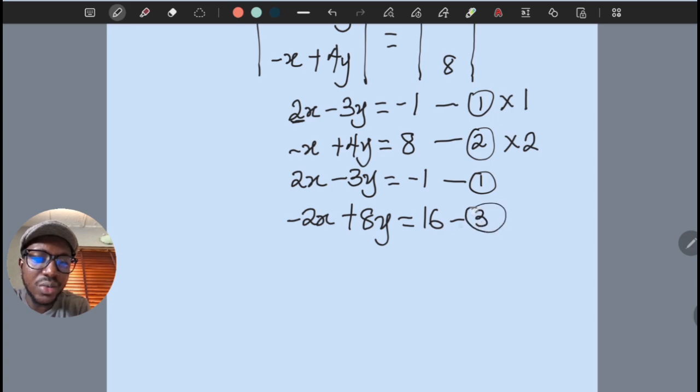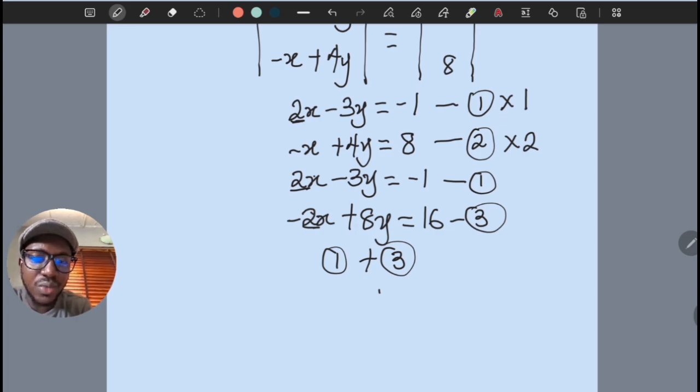And that is our equation 3. Now, since I've been able to make the numerical coefficients of x in equation 1 and 3 the same, I can say equation 1 plus equation 3. The reason why I'm adding is so that I can easily eliminate x. So if I add the two equations together, x will be eliminated.